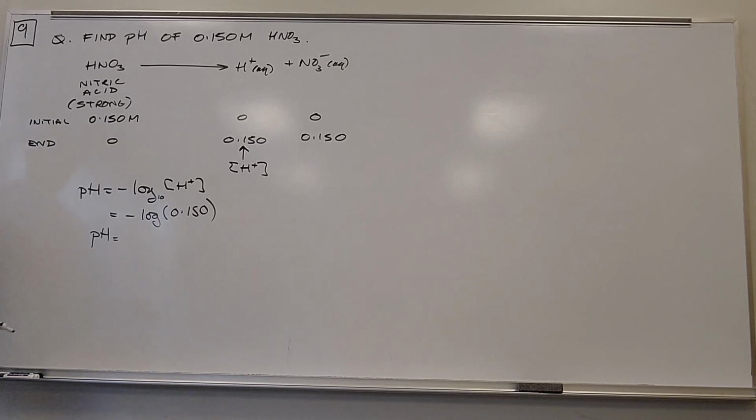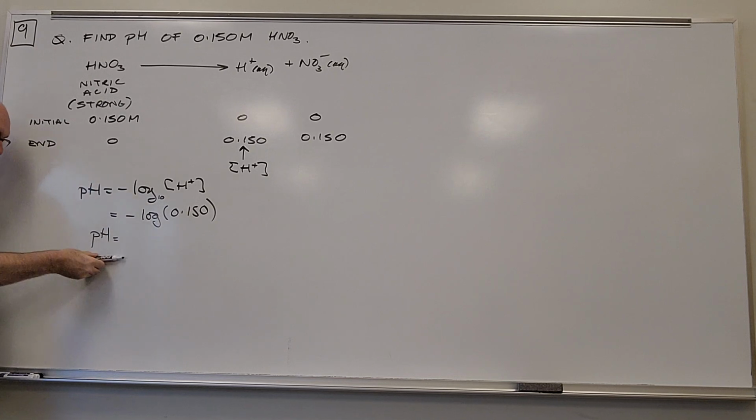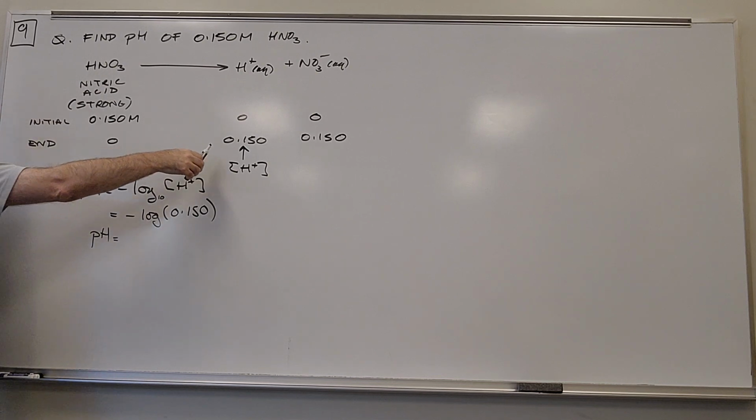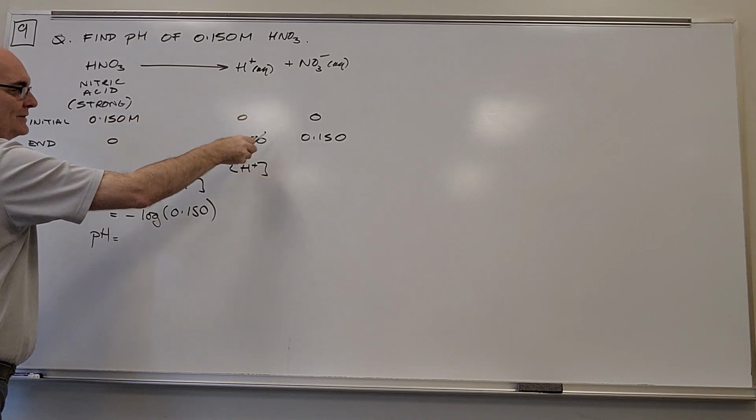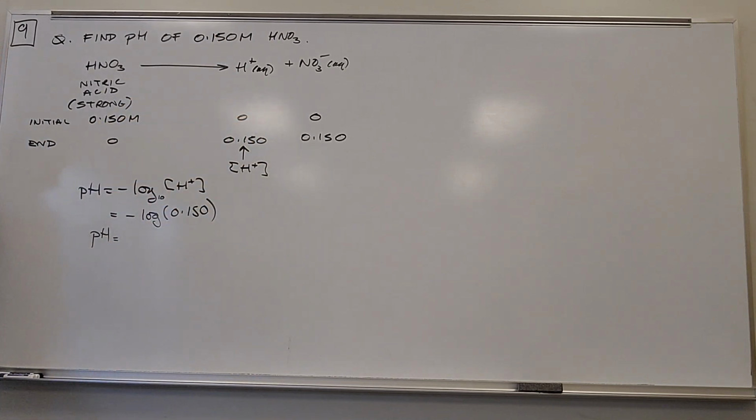Now, if the question says show your work, and you just write the answer, then you haven't shown me where the pH comes from. You can say like 100% dissociated, or H plus equals this number. You have to show me some work. We're looking for corroboration of a number, so get your calculators out.